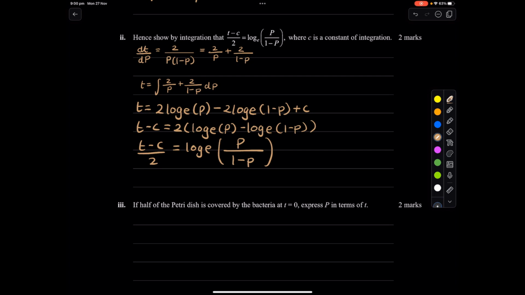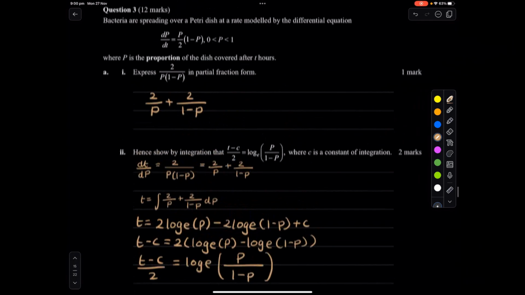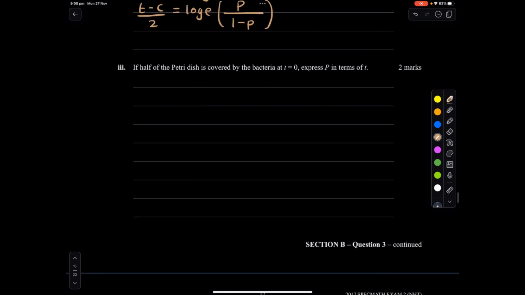Good. If half of the petri dish is covered by bacteria at t equals 0, express p in terms of t. So we just want to calculate the value of the constant and then solve for p. When they say half, it means that when t is equal to 0, p is half. This is our initial condition.